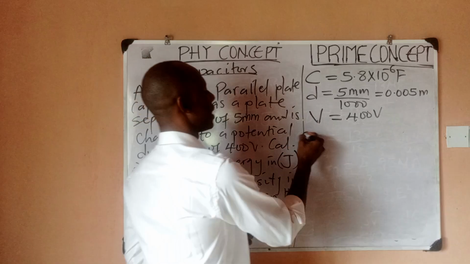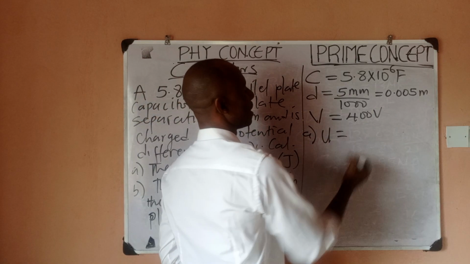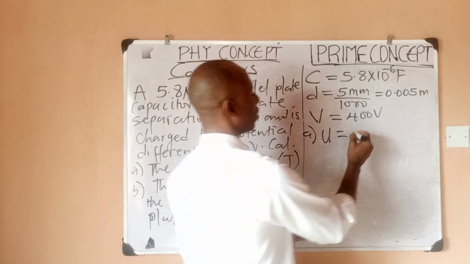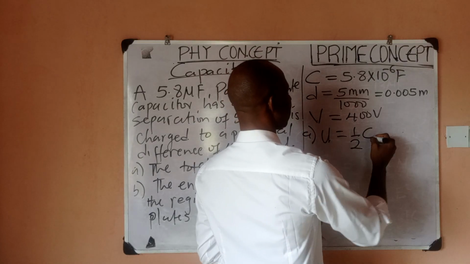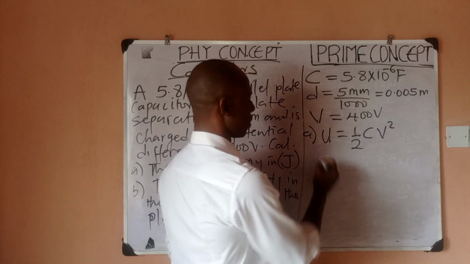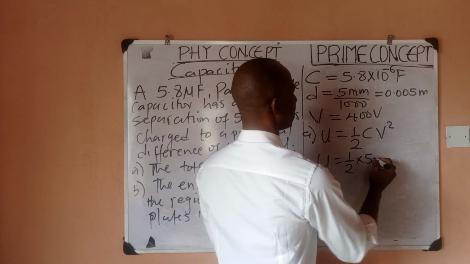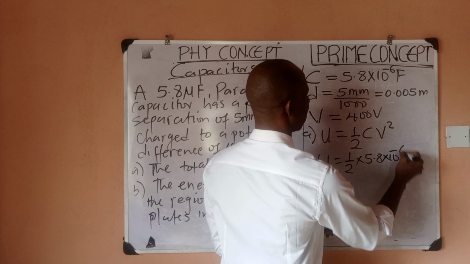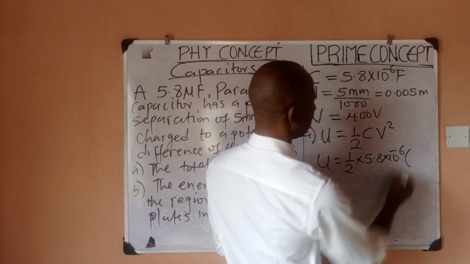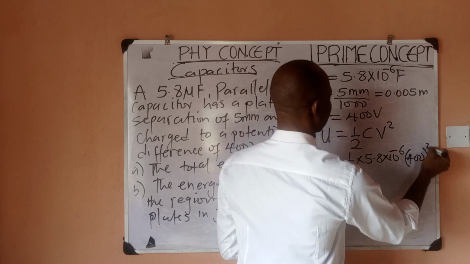Now we know that to find the potential energy of a capacitor, it is half CV squared. So we have that the potential energy is half times C, which is 5.8 times 10 to the power minus 6, and V is 400 squared.